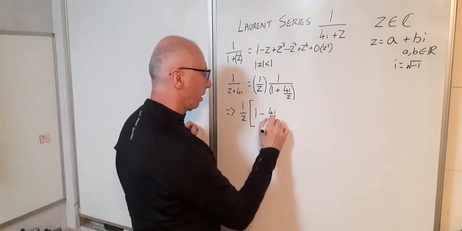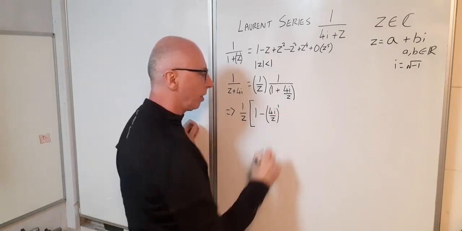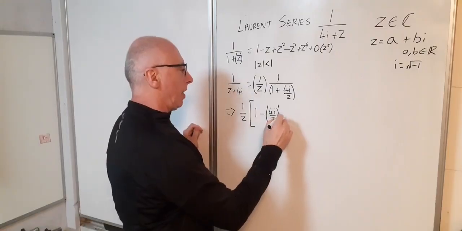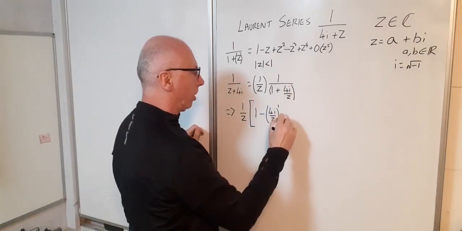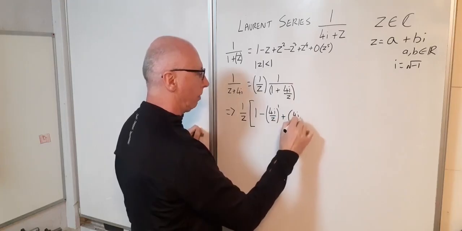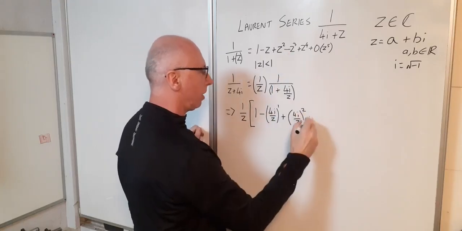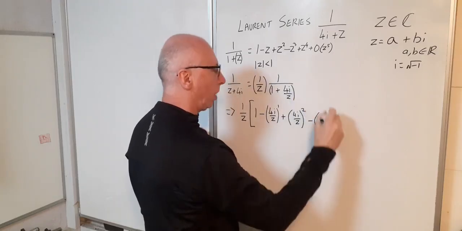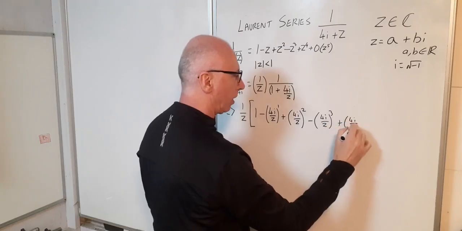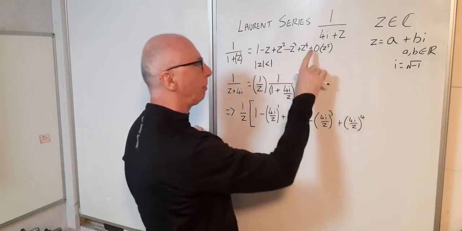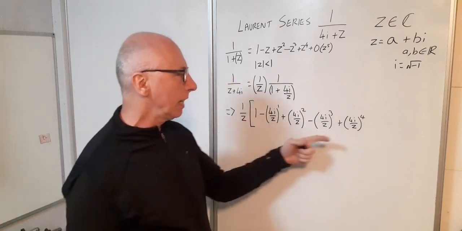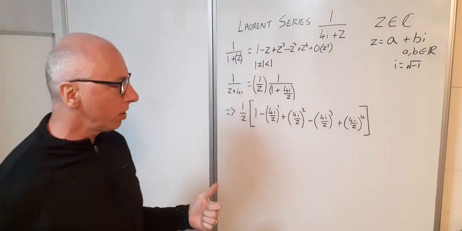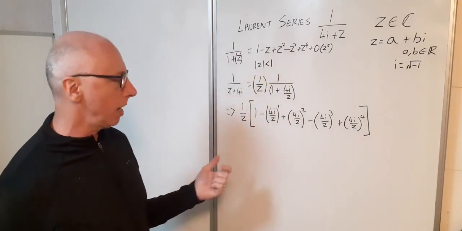So I've got 4i over z, and that's technically to the power of 1, which is a bit trivial, but I'm going to put that in there. So then my next one will be plus 4i over z to the power of 2 minus 4i over z to the power of 3, and then plus 4i over z to the power of 4. Now the big O notation, I'm going to leave that to the end until I've expanded all of this out, because I don't want to jump the gun on that until the end. It's a bit like integration where you don't put the plus c in until the end.